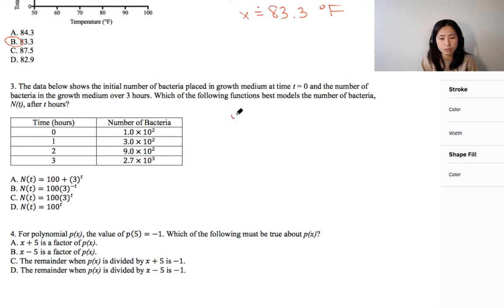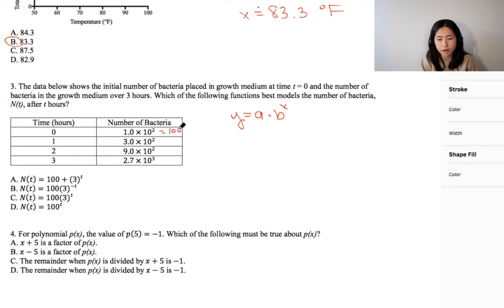Because if you remember, we have your exponential equation being y is equal to a, your constant, times b raised to the power of x. So your a is essentially your initial number of bacteria, and in that case we know that it's 1.0 times 10 to the power of 2, which is actually 100, right?